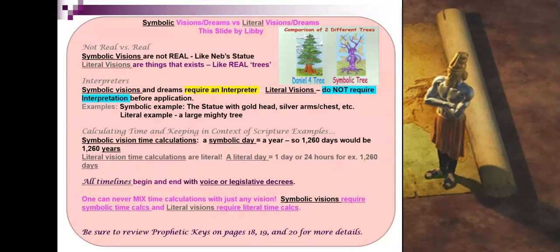They're all prophetic timelines, but there's a difference between a prophetic symbolic timeline and a prophetic literal timeline. So in order to figure out which one the timeline is, you need to look at the language and the vision. Is the vision given in symbolic terminology or just literal language? Does that help a little bit? We're going to look at that in chapter 4. That might be a little bit confusing right now, but it might be good to just hear that foundation, because we're going to come across it and then they'll be able to plug it in.